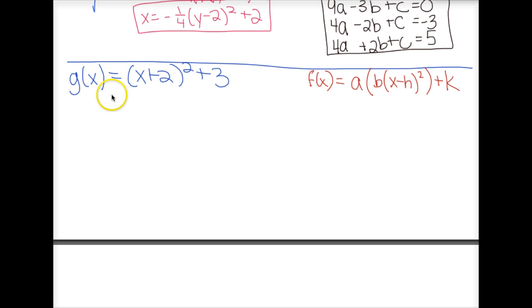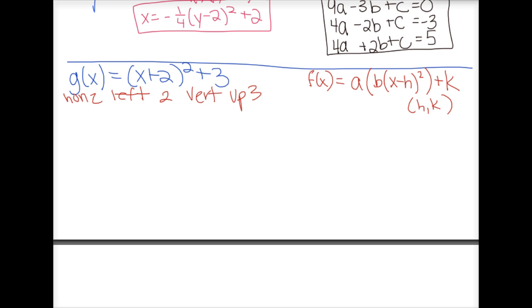So that means that I'm horizontally shifting left 2. This on the outside, my k, remember vertex is always located at h comma k. That means that there's a vertical shift up 3. There is no number in front, so there is no reflection. There is no vertical stretch or shrink, and because there's no number inside here, that means there's no horizontal stretch or shrink either. So all I'm doing is moving left 2 and up 3.